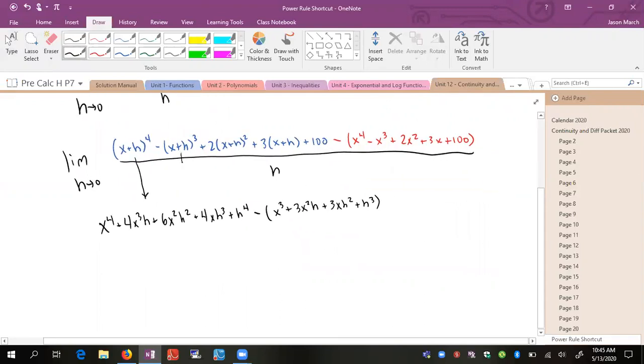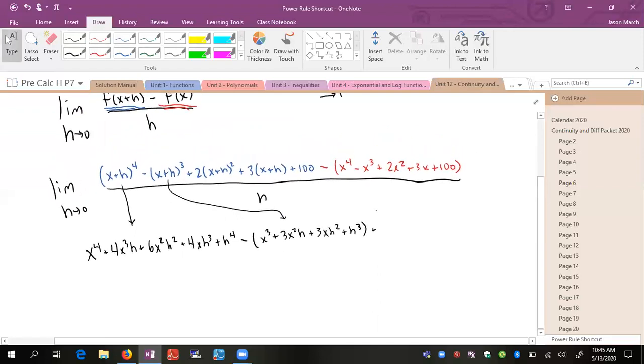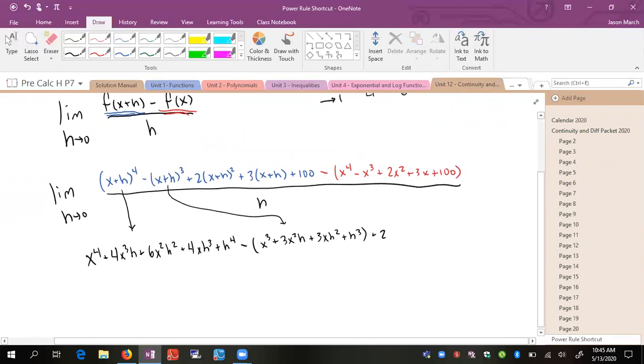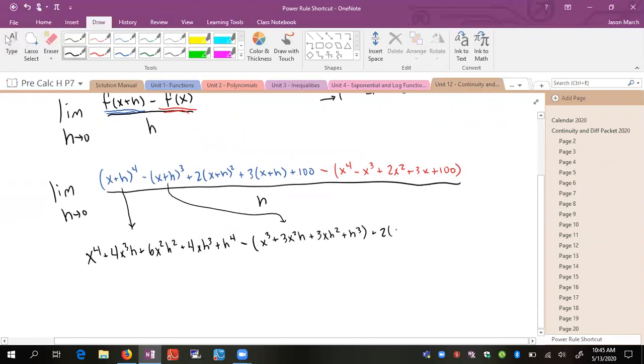So that's this guy expanded out. Then 2 times x plus h squared, so I'm going to distribute the 2 at the end. When I do x plus h squared, I can utilize the 1, 2, 1 line. So we're looking at 1x squared plus 2xh plus h squared.